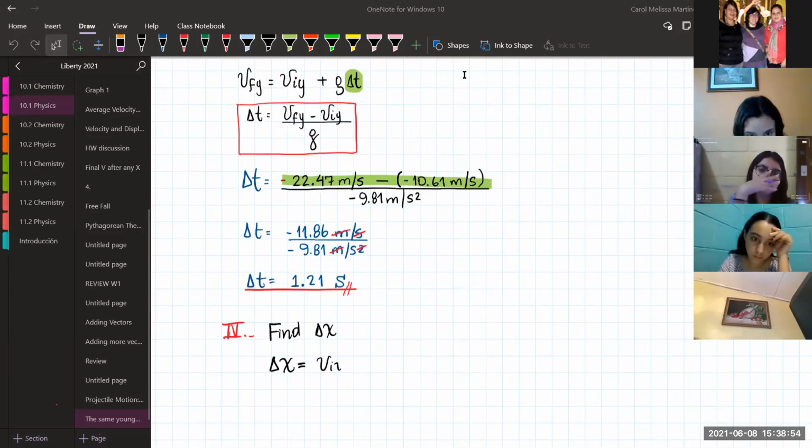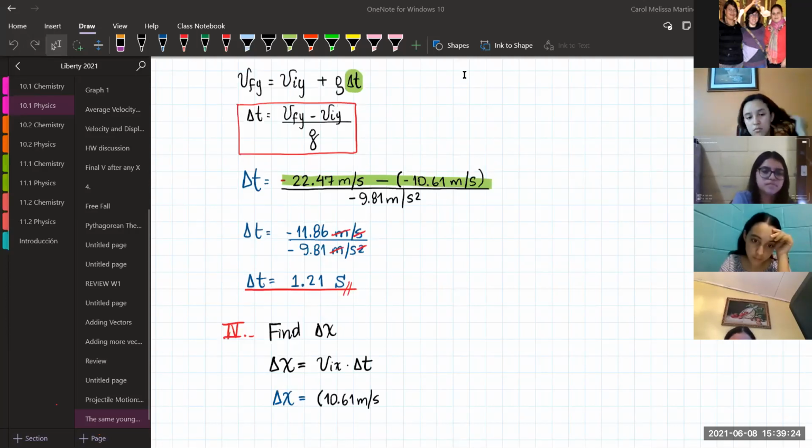So, the equation for delta x is the one you see over there. Very nice equation, very simple to use. Just substitute by the givens that you have. VIX is the first component that we got, that is 10.61 meters over second.